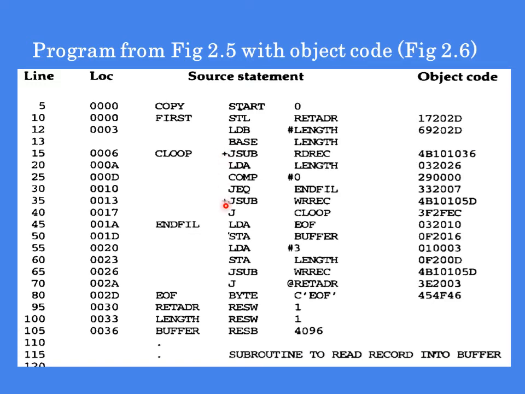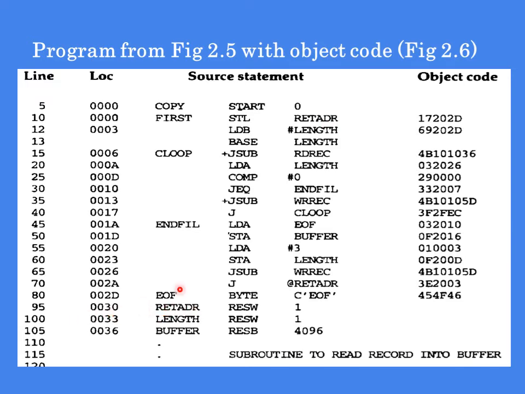So here you can clearly see that there is a plus symbol. Here also you will have a plus symbol. And you can also see the addresses. And one more thing, here if you see STL RETADR, RETADR points to this location 0030.